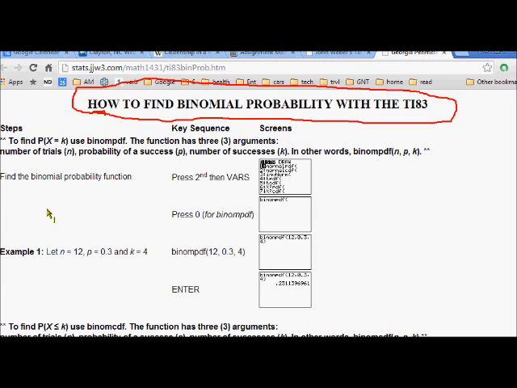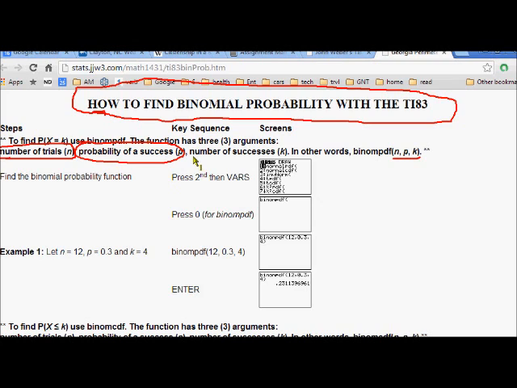And there's three key things here, three parameters. N is the number of trials. P is the probability of success.